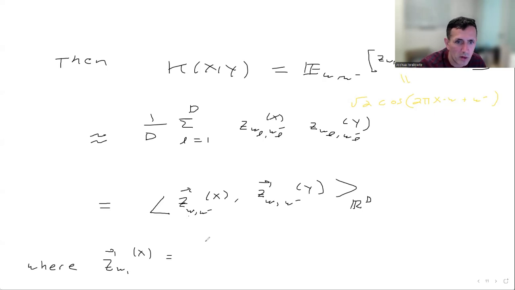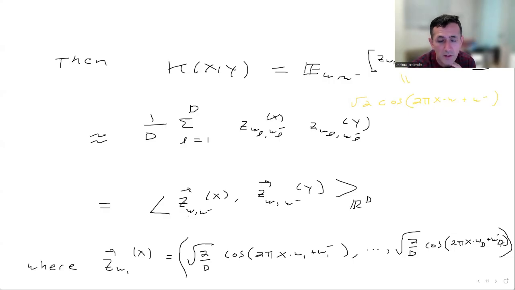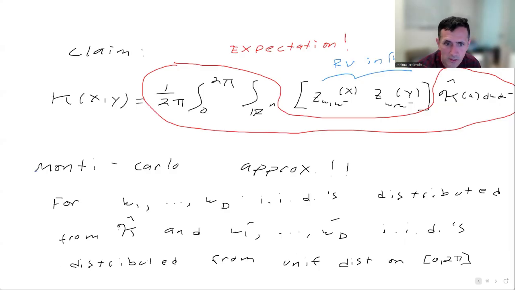Just writing this as an inner product, it's square root of 2 over D, cosine 2 pi x dot W1, and the last entry is square root of 2 over D cosine 2 pi x dot WD.